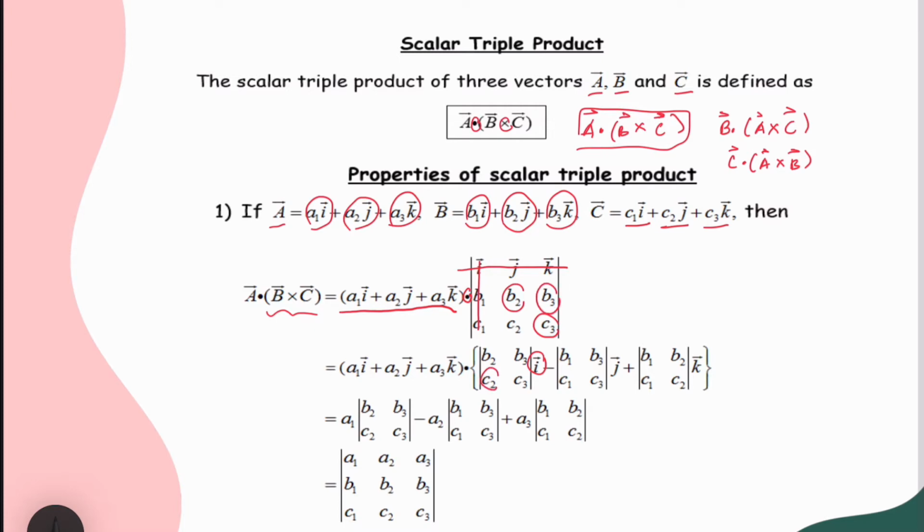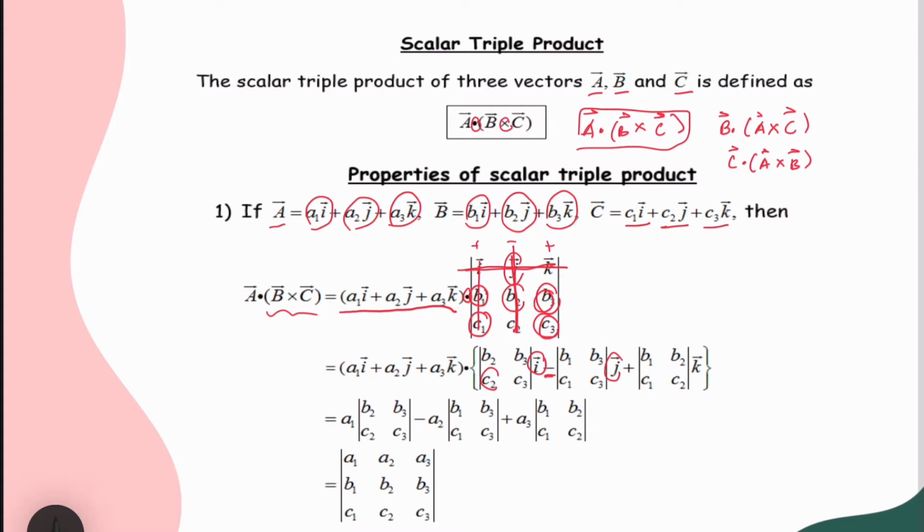Then if we cross the first row and the second column here, this one is for J. Don't forget that we have a minus sign here because it's the second one. This one is plus minus plus. So the second one will be minus J, and the determinant of B1, C1, B3 and C3.